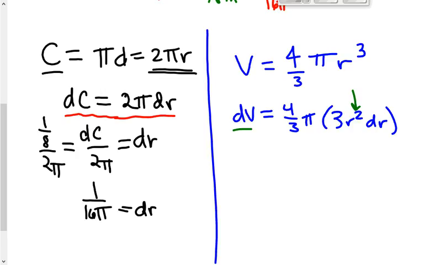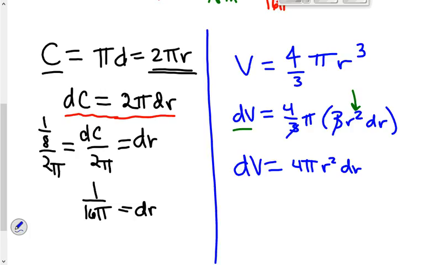Okay, so let's clean this up a little bit here, and we're going to have dV. My 3's will cancel. I'll have 4 pi r squared dr. Now, since my dr is the same for everything, I can just substitute that in, right?